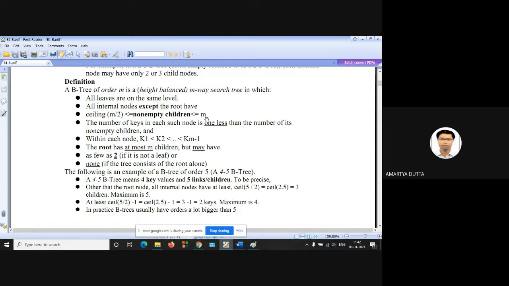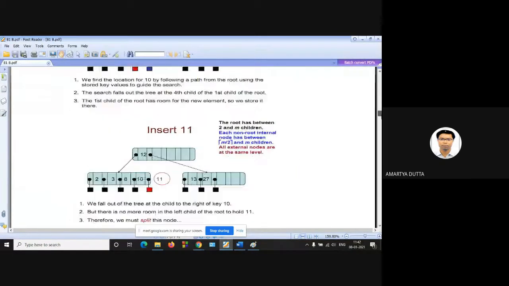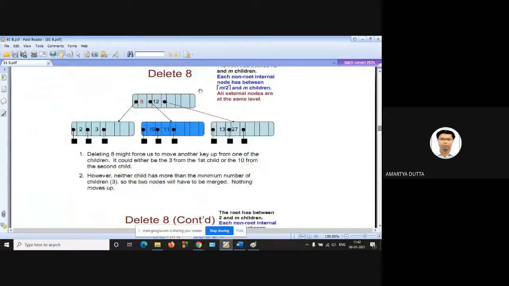Both the root and intermediate nodes have at most m children. For an intermediate node the minimum is ceiling of m by 2, and for the root the minimum number of children will be 2.